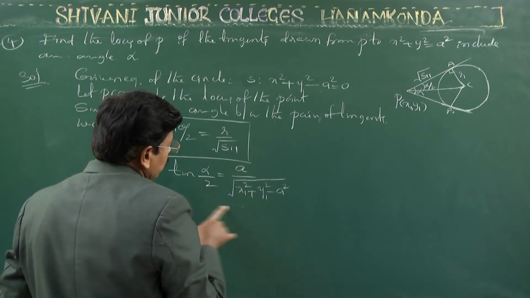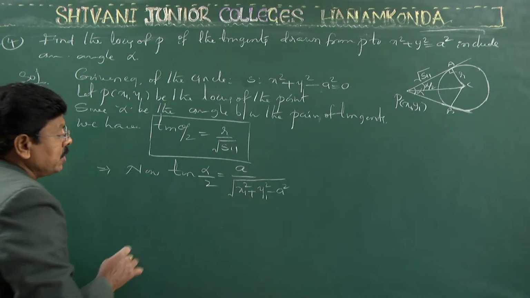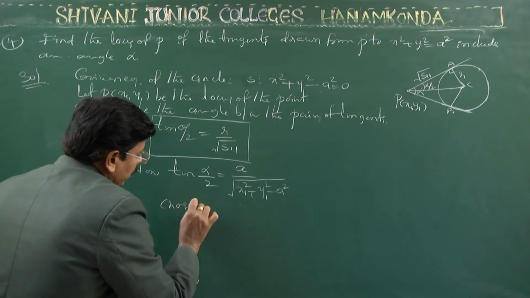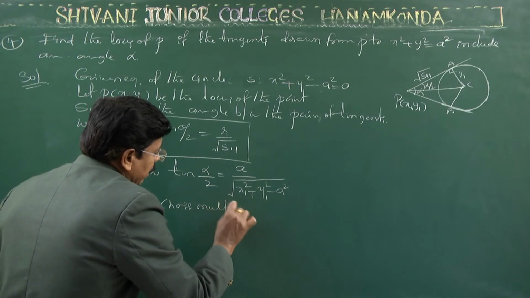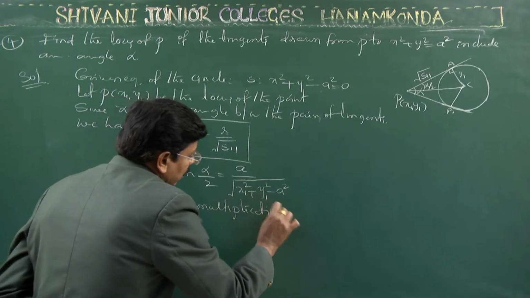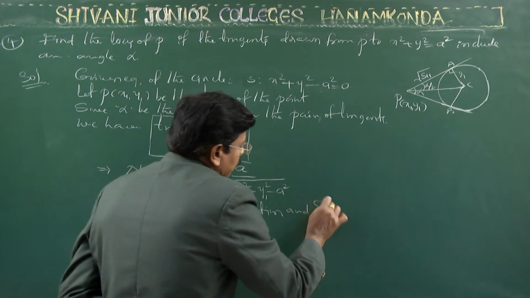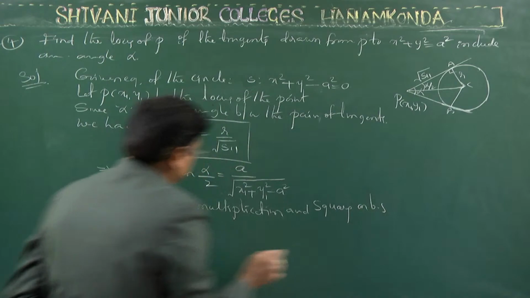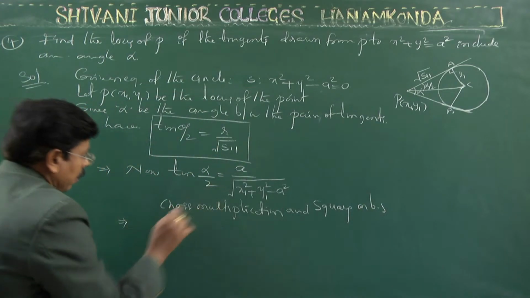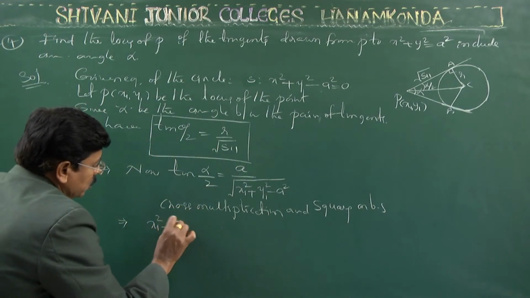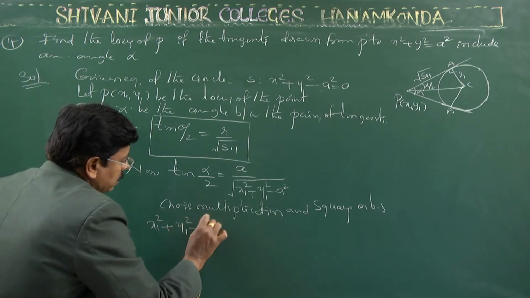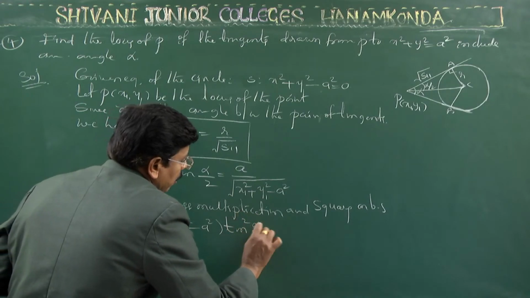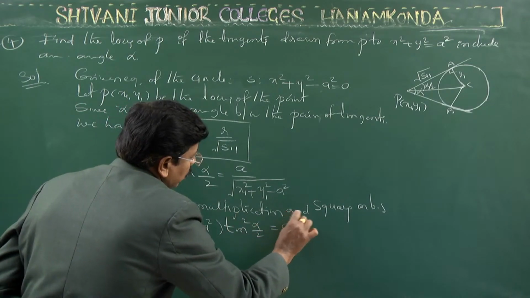Now do cross multiplication and squaring on both sides. The result is x1 square plus y1 square minus a square times tan square alpha by 2 is equal to a square.